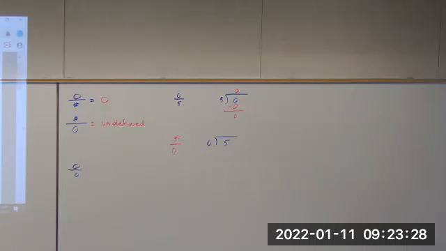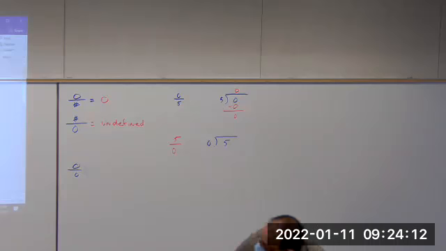32x plus 6y equals negative 15. I'm trying to get y by itself.